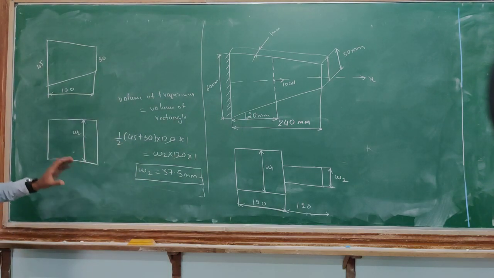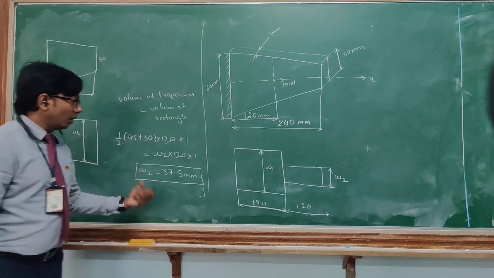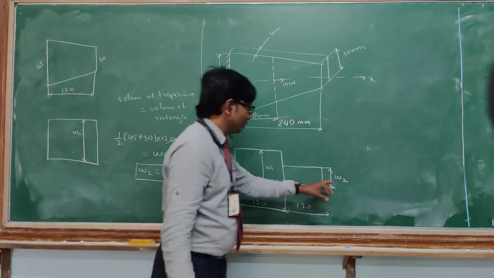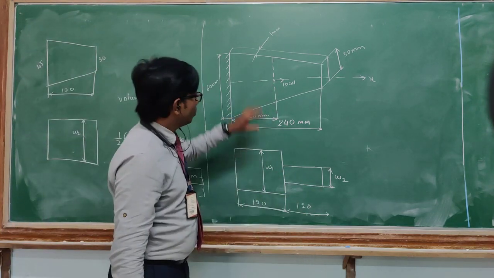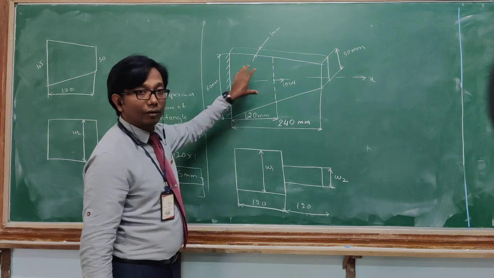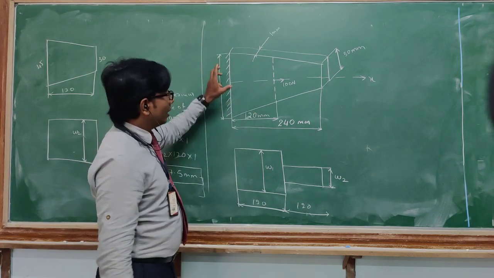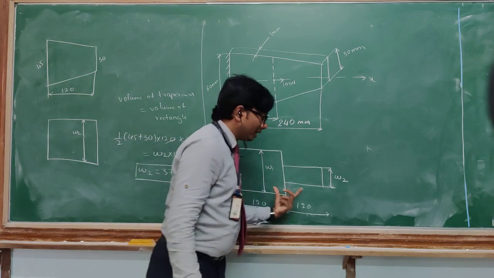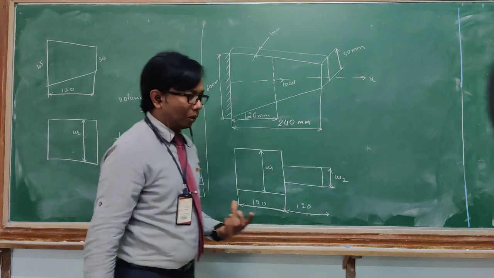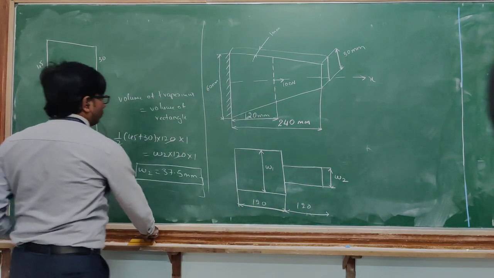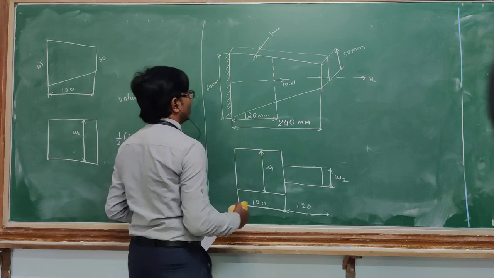This is the required width of these rectangles to match the volume of the trapezium. Using this as a base, we will try to solve the problem. I hope you have taken this down.